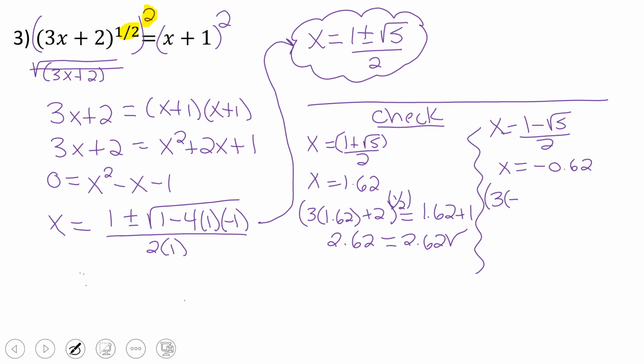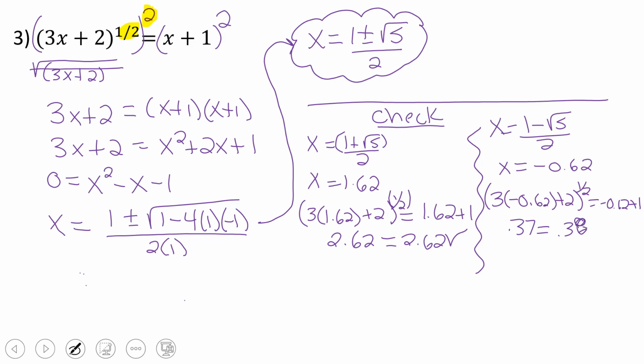3 times negative 0.62 plus 2 raised to the 1/2 power. It's going to equal, I'm going to run out of space, and plus 1. And if you put that in the calculator, what you're going to end up getting is 0.37 equals 0.38.